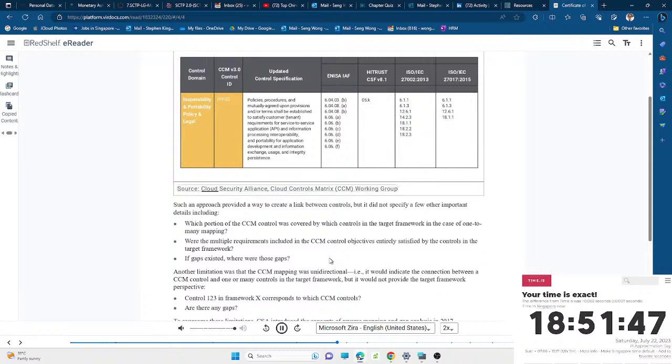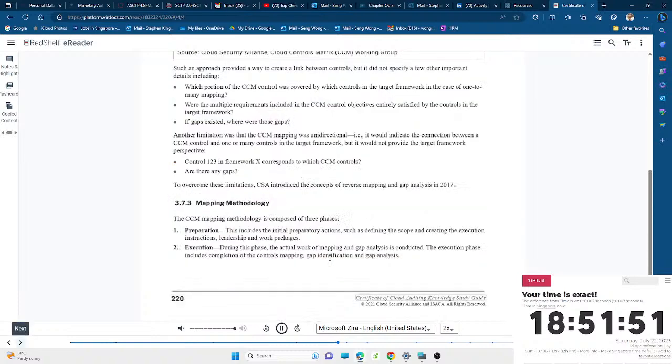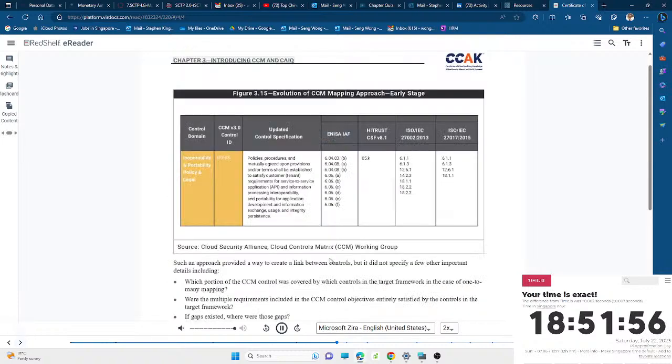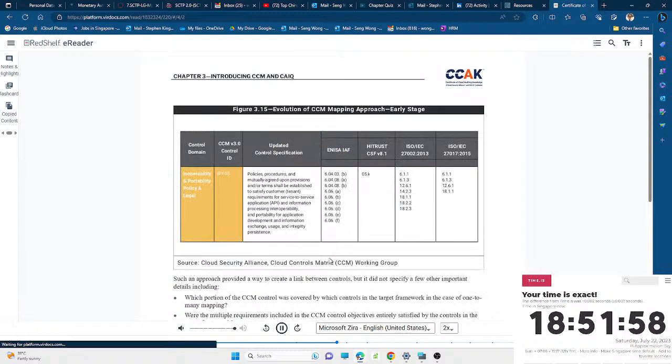Source: Cloud Security Alliance, Cloud Controls Matrix (CCM) Working Group. Certificate of Cloud Auditing Knowledge Study Guide, Copyright 2021 Cloud Security Alliance and (ISC)2. All rights reserved. Chapter 3, Introducing CCM and CAIQ.